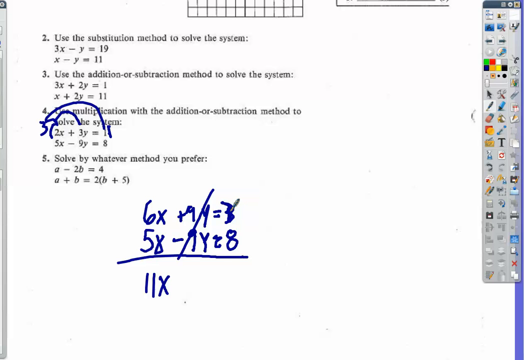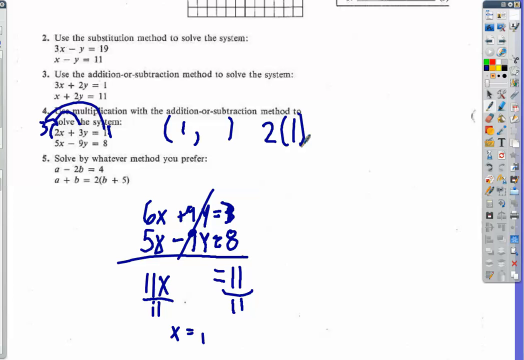And so I add them together. I get 11. Divide by 11. So x is equal to 1. So we have 1 comma something. So we plug in the 1, so we have 2 times 1 plus 3 times y is equal to 1.